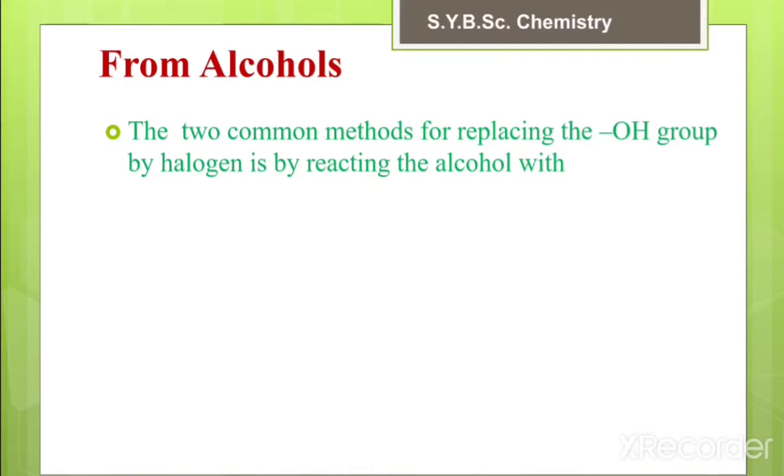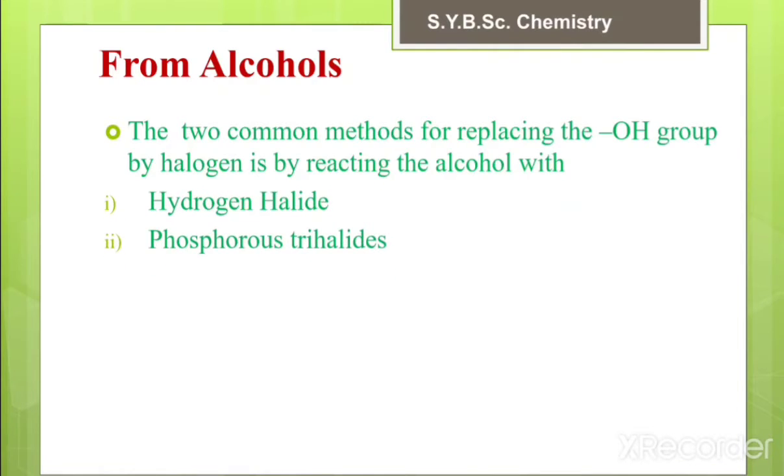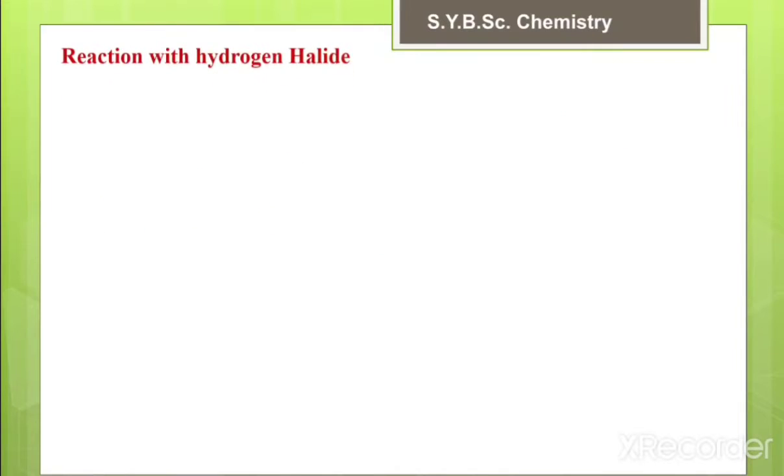The two common methods for replacing the OH group by halogen are by reacting the alcohol with hydrogen halide, and number 2, phosphorus trihalides. Let us first discuss reaction with hydrogen halides.